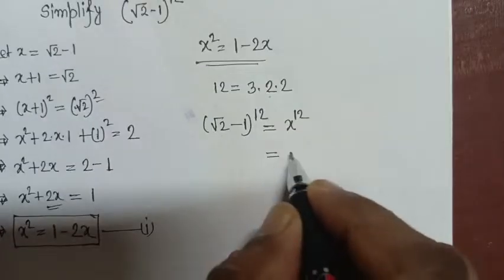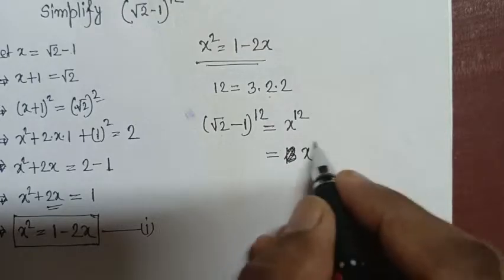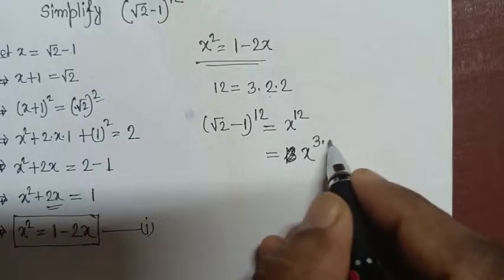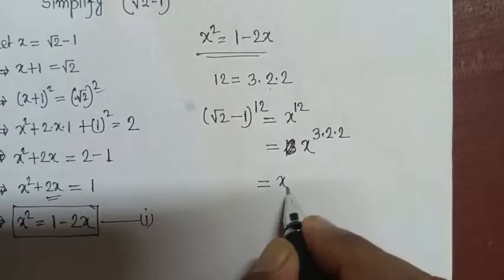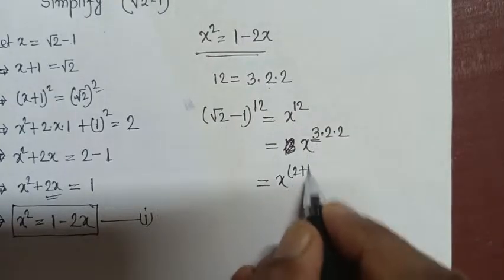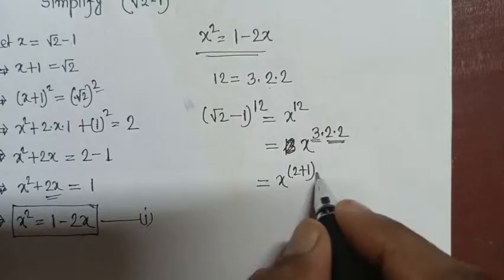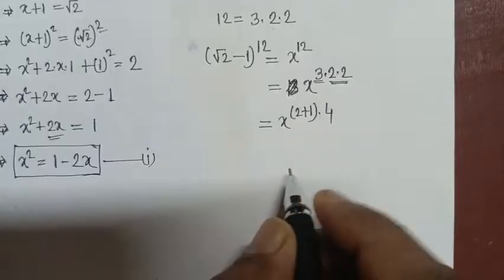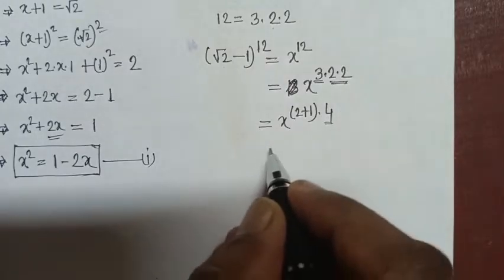Now we are breaking that x to the power 12 as x to the power 3 into 2 into 2. So now we can write 3 into 2 plus 1, and for now we are taking that 2 and 2 is equal to 4. In future we will break again 2 into 2.